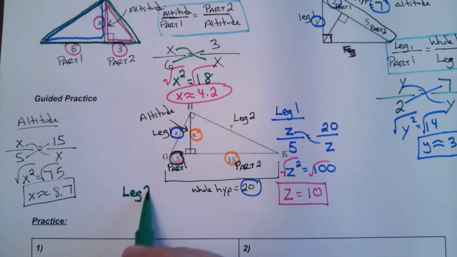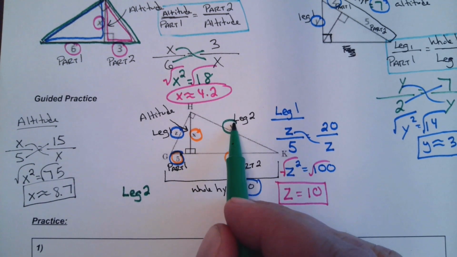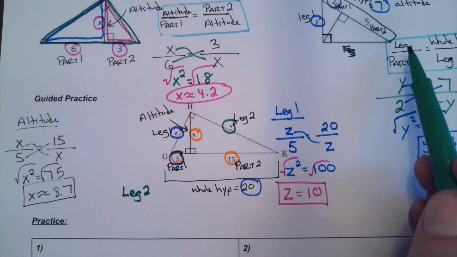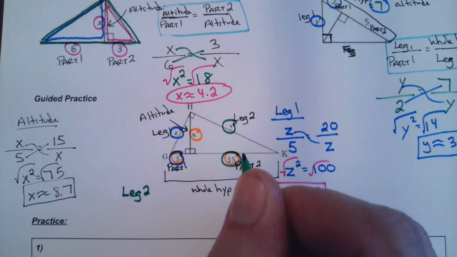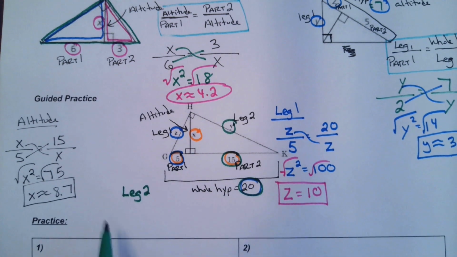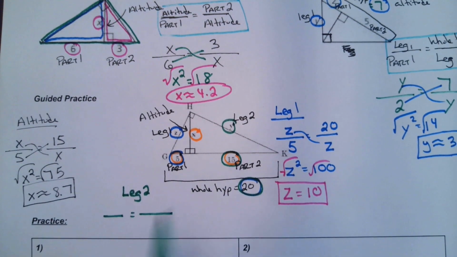So leg 2, that is going to be y. If leg 1 uses part 1, then leg 2 uses part 2, and then the whole. So y and y, 15 and 20.